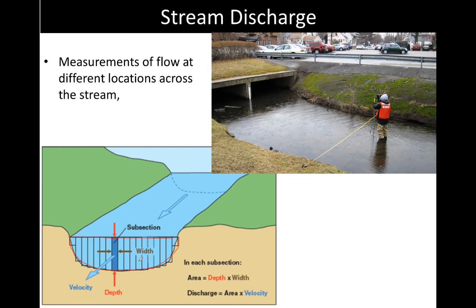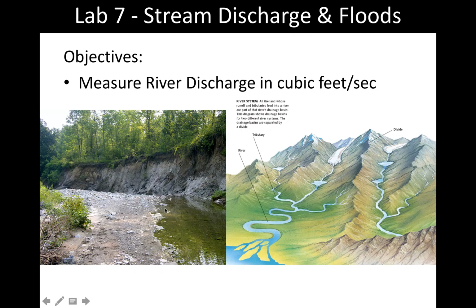If we were to calculate the width and the height of it, we could determine its area, and that's depth times width. And then the other component of the stream velocity will be the velocity, as I draw this arrow here, in feet per second. Okay, velocity is measured in feet per second or meters per second. Okay, and so we need to know how fast the stream is moving.